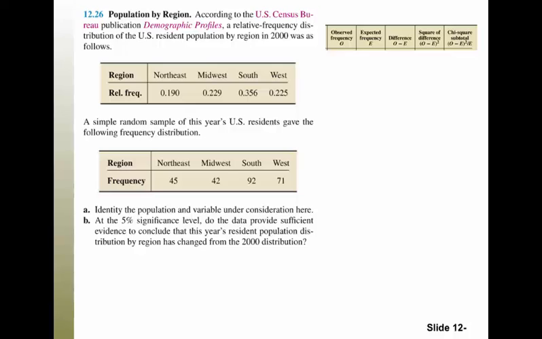We're going to identify the population and variable under consideration. At the 5% significance level, do the data provide sufficient evidence to conclude that this year's resident population distribution by region has changed from the 2000? So this is year 2000. Here's the results of our simple random sample.